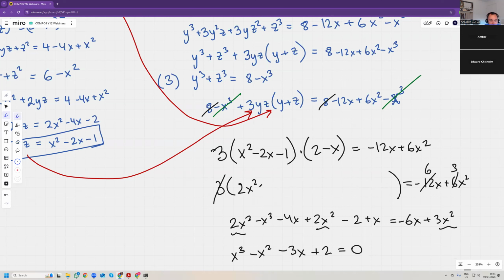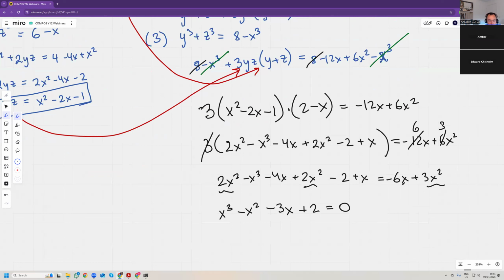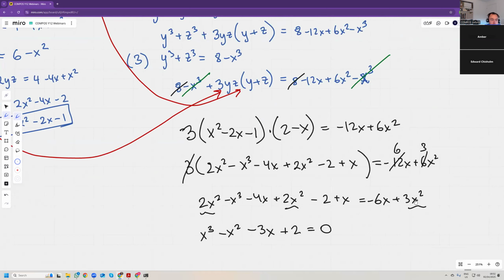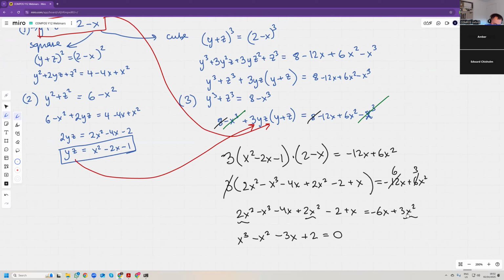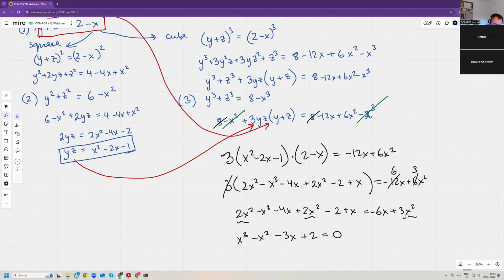So that's 2x squared minus x cubed minus 4x plus 2x squared minus 2 plus x minus 6x squared, plus 3(y plus z), 8 minus 12 plus 6x squared minus x cubed.